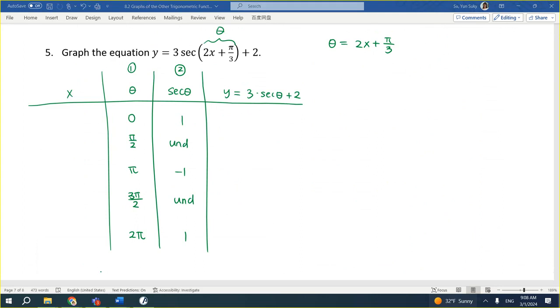Subtract pi over 3. So we get theta minus pi over 3 equals 2x. Then divide by 2. So we get x. Okay, so x is (theta minus pi over 3) over 2.